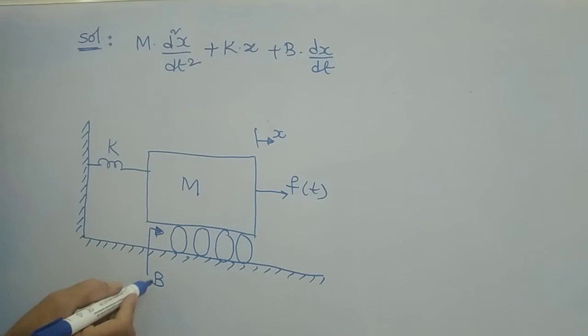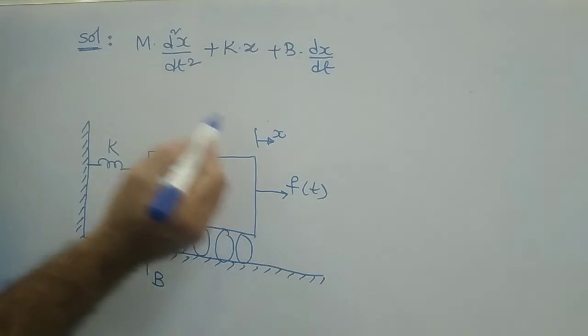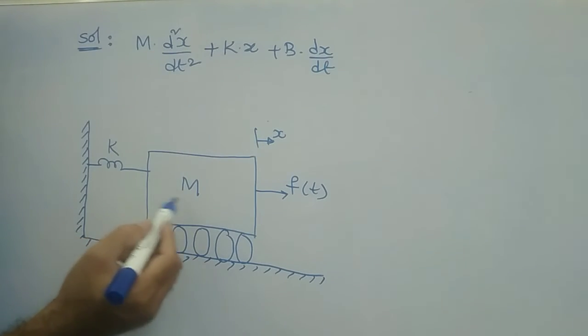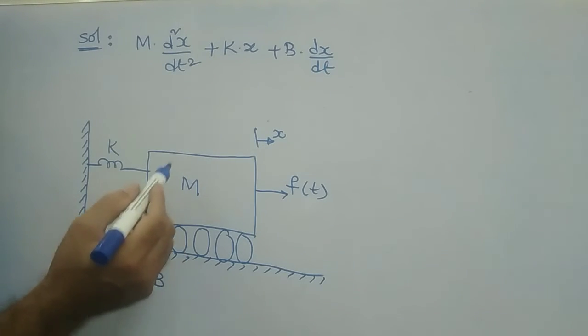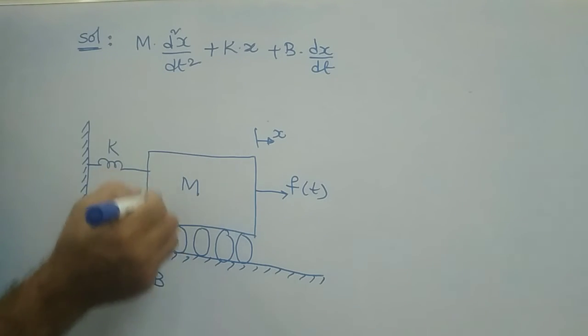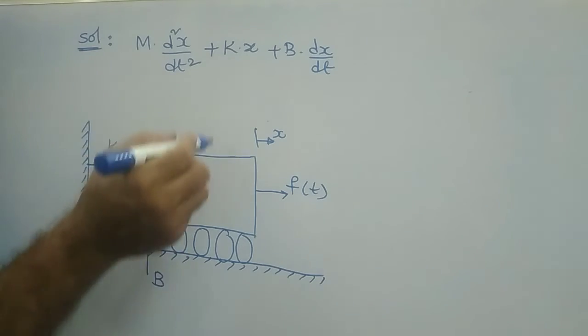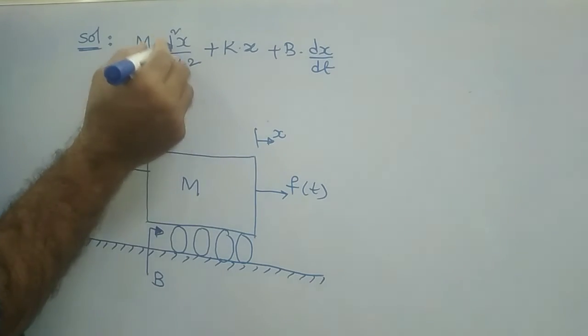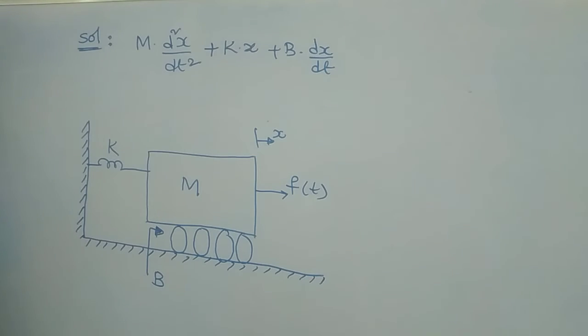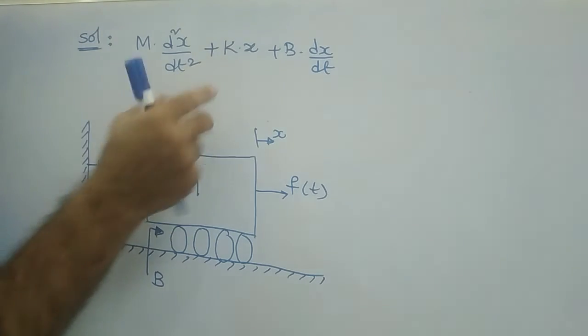So B, the dashpot or damper, is proportional to the first derivative of the displacement. Remember, here X is the displacement, whereas the opposing force offered by the mass element is directly proportional to the second derivative of the displacement, that is d square x by dt square.